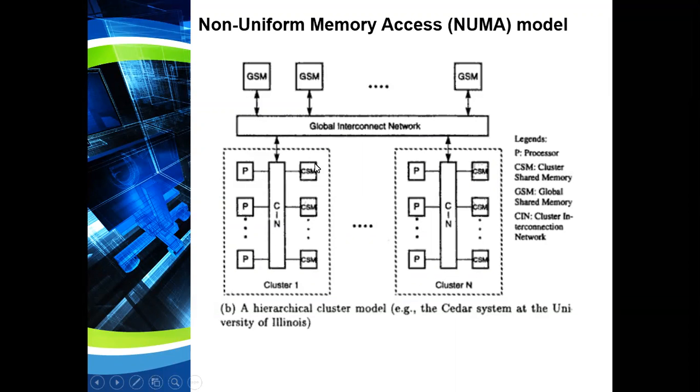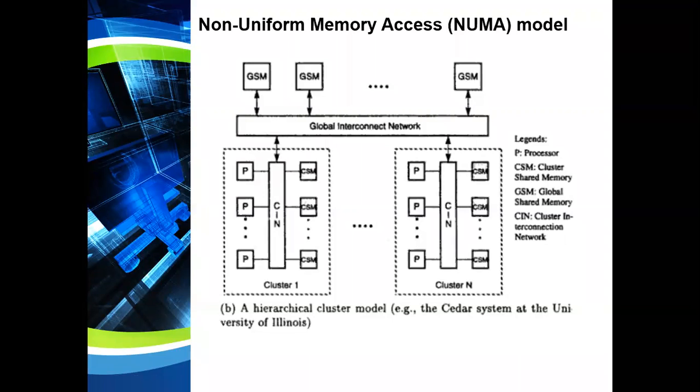So now the first CSM is acting as a local memory for processor 1. The clusters are connected with the global interconnect network, and the global interconnect network provides memory accessing to each processor within a cluster.